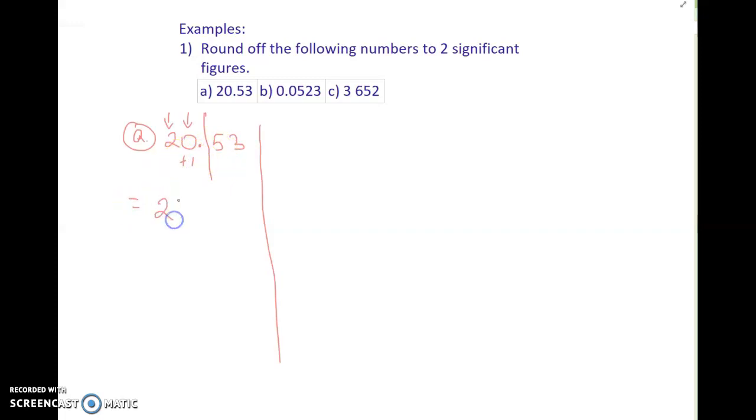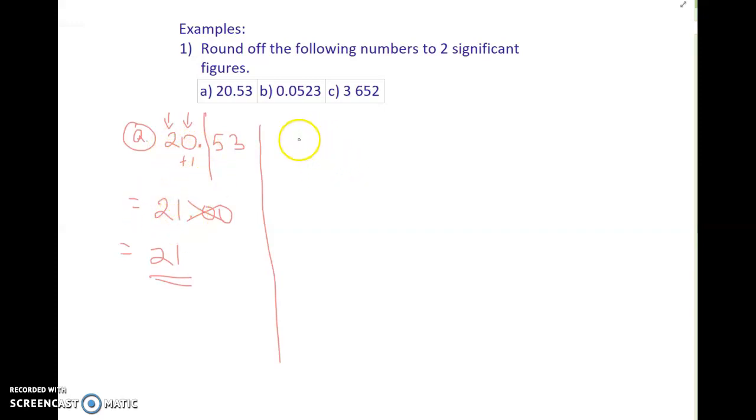So I get 21. Again, we're not putting 21.00. Don't put that. Just leave it as 21. Because again, for 20.53, the approximation is 21. Once it's before the decimal point, just put those numbers, right?